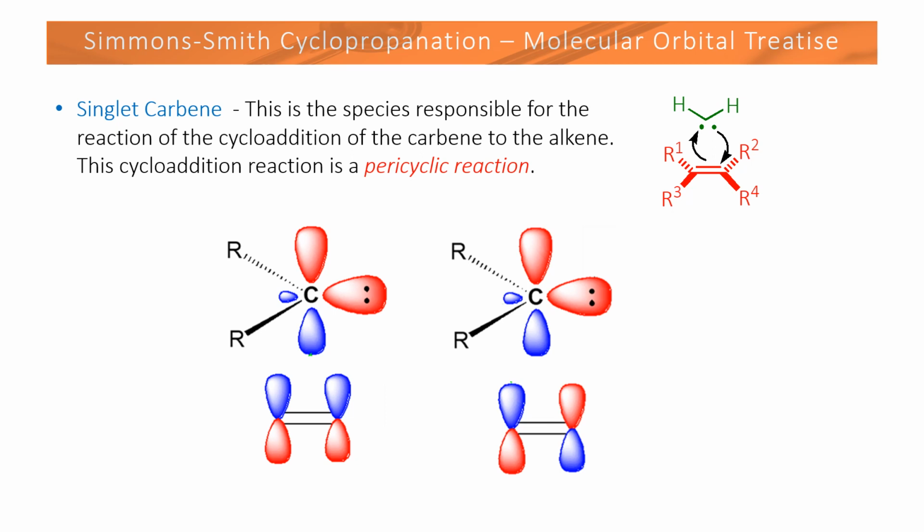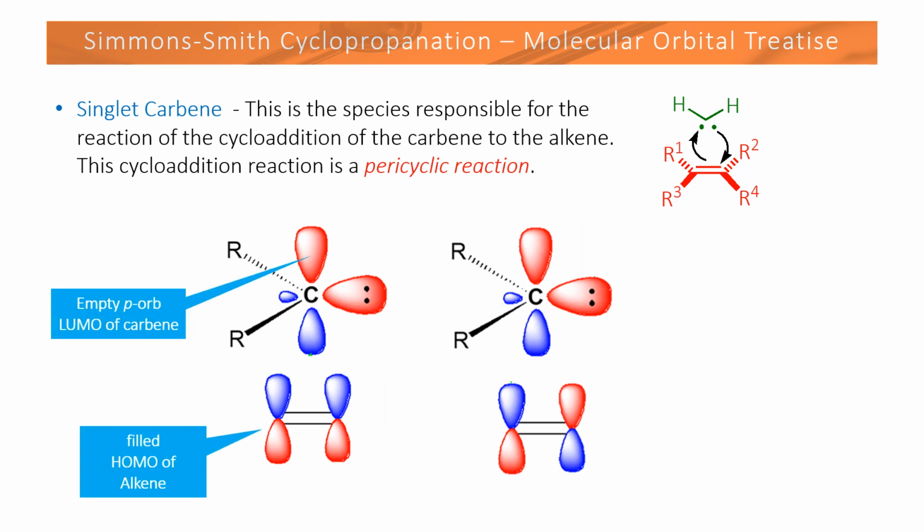This cycloaddition reaction, of course, is a pericyclic reaction. And in this case, we have an empty p orbital on the carbene, which is the LUMO of the carbene, and that interacts with the filled HOMO of the alkene, which is the Psi1 of the alkene.